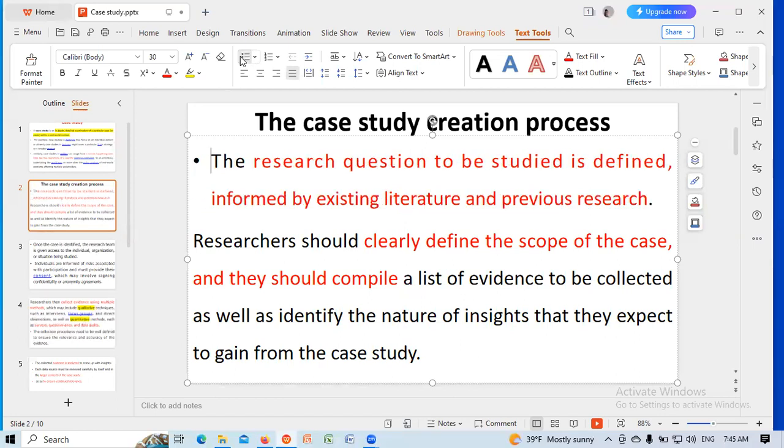For the case study creation process, first, the research question to be studied is defined, informed by existing literature and previous research.